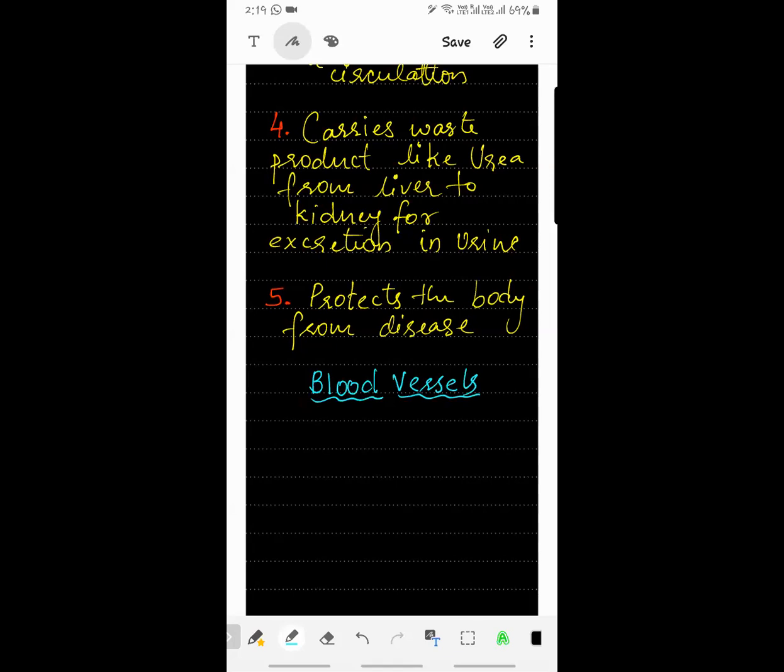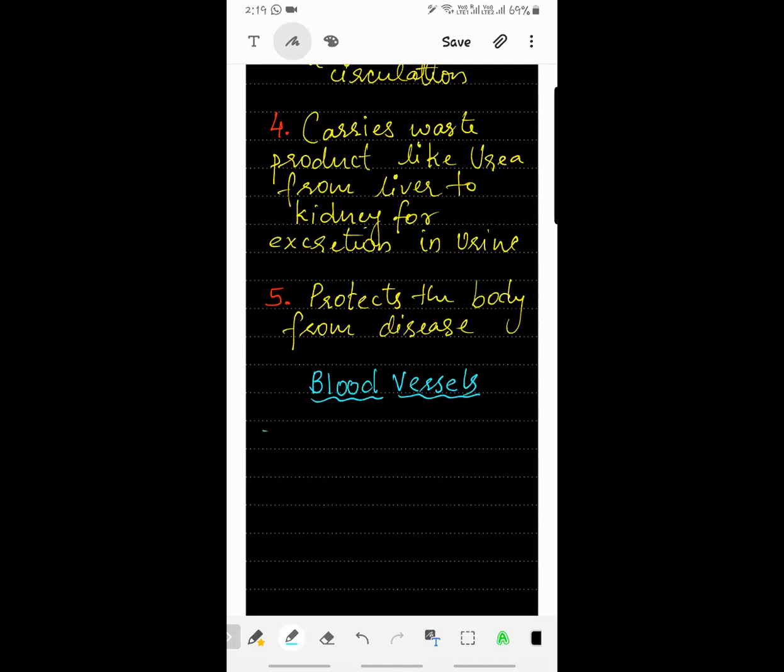Blood cannot flow throughout the muscles and cells, that is not possible, so that the cells can be nourished by the blood, blood vessels are required for carrying the blood.